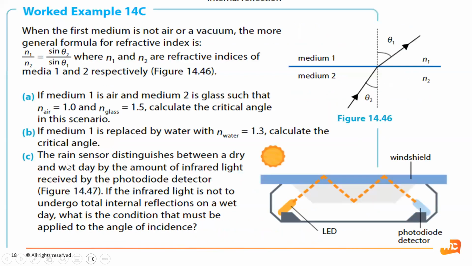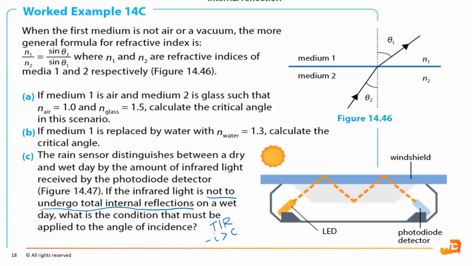So if you go back to here, the rain sensor, part C: the rain sensor distinguishes between a dry and wet day by the amount of infrared light received by the detector. If the infrared light is not to undergo TIR, what is the condition that must be applied to the angle of incidence? So to have TIR, I must be greater than C. But now I don't want it to undergo TIR.